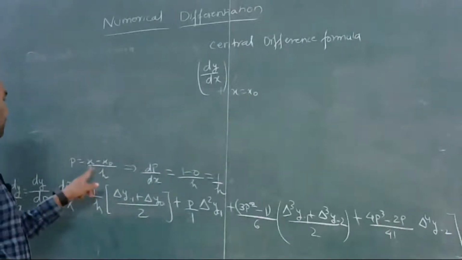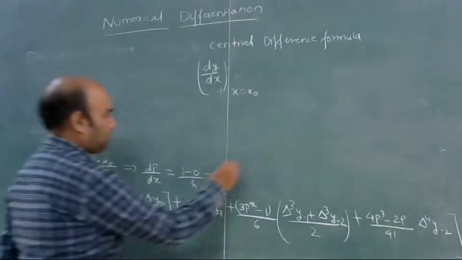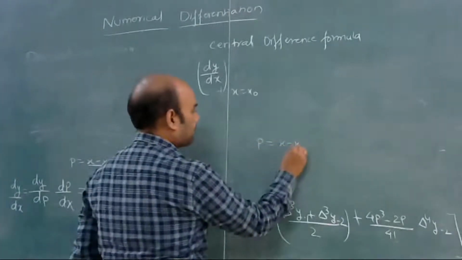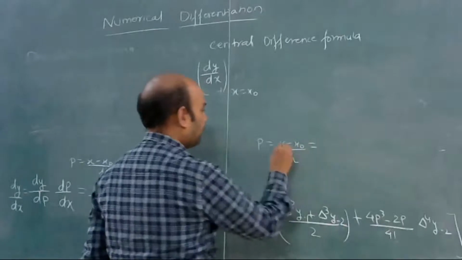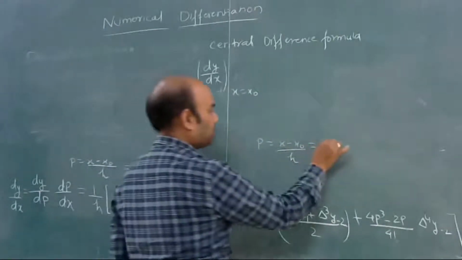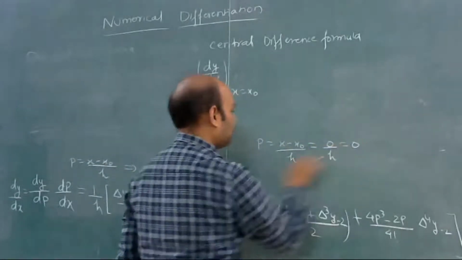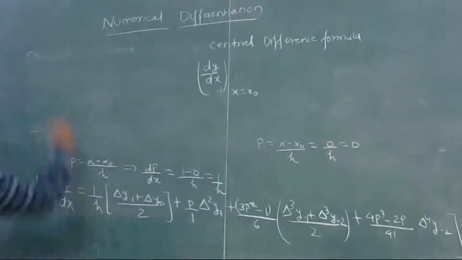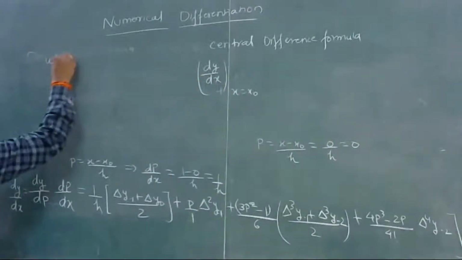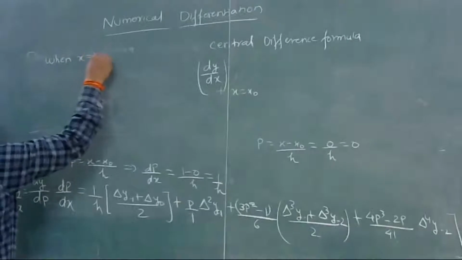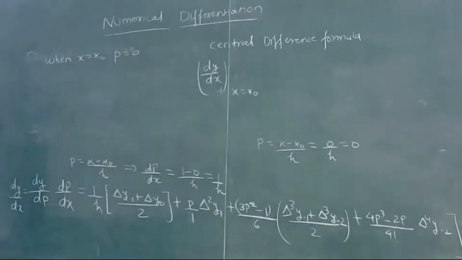So we have to put x is equal to x₀. Here p is equal to (x minus x₀) divided by h. Here x is equal to x₀, so this will be 0 divided by h, so this will be 0. So when x is equal to x₀, obviously p will be equal to 0.